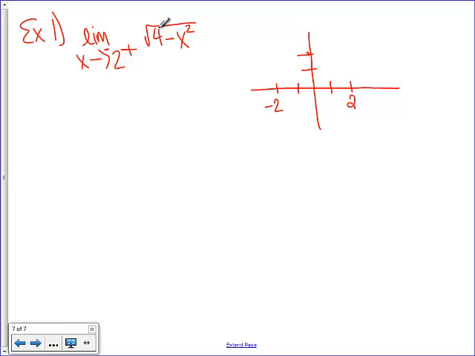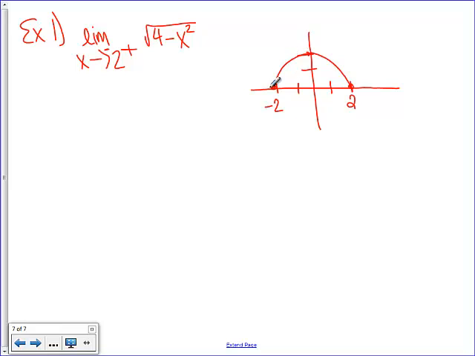So now I'm going to draw what looks somewhat like a semicircle. And it intersects the x-axis at negative 2 and 2. So what we want to find is the limit as x approaches negative 2 from the positive side. So what we're looking at is right here.